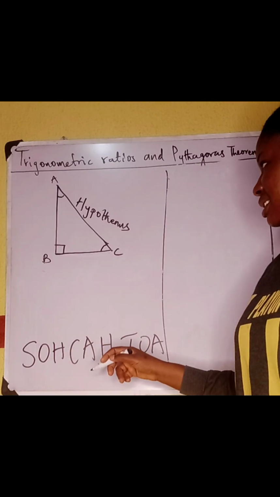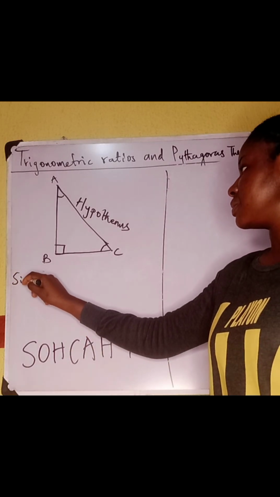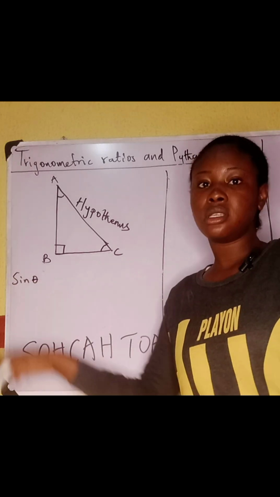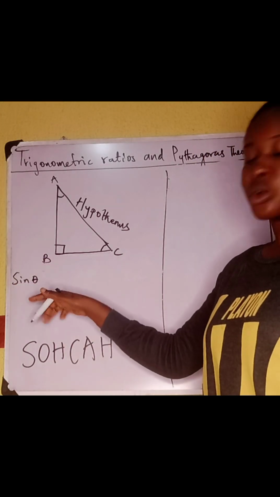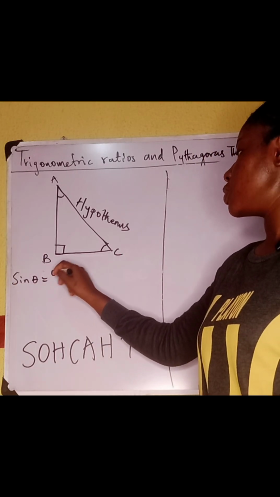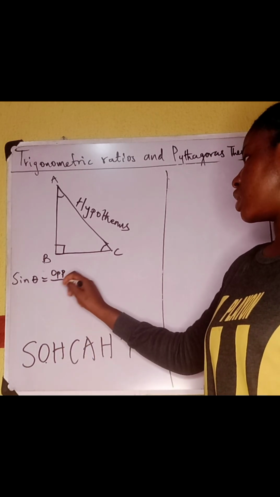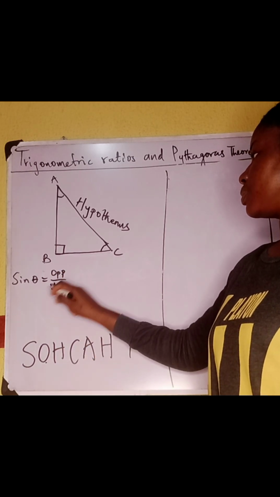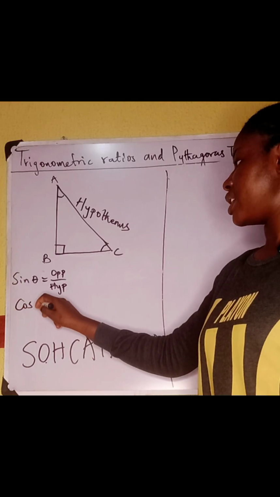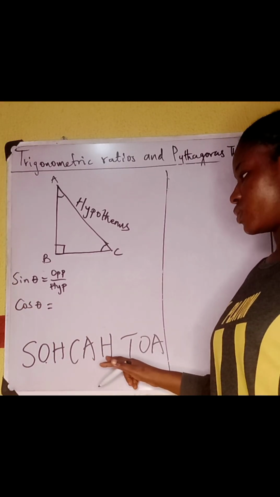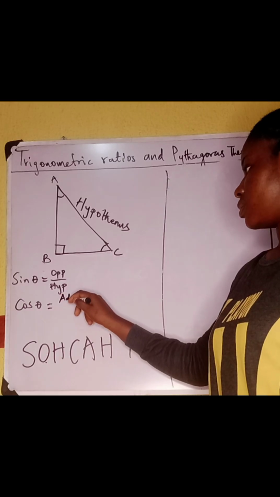What it actually means is that sine theta, which is sine, but we write that as sin. So the sine of any angle is equal to the opposite, you see, the O means opposite, over the hypotenuse. The cos of any angle is equal to the adjacent over the hypotenuse.